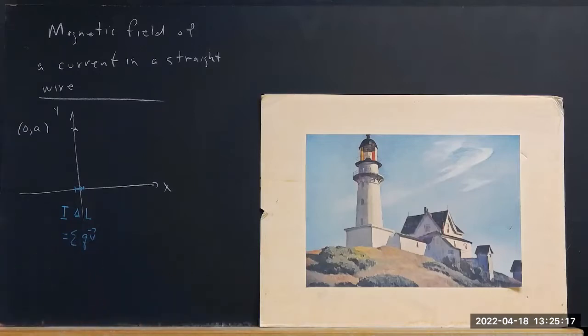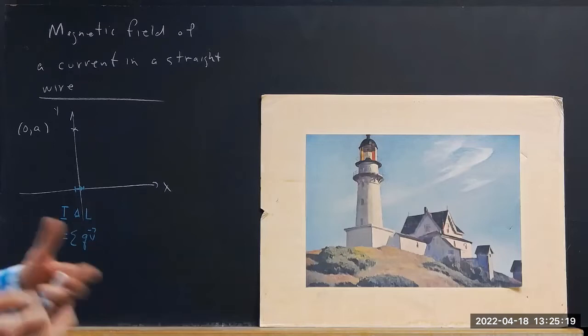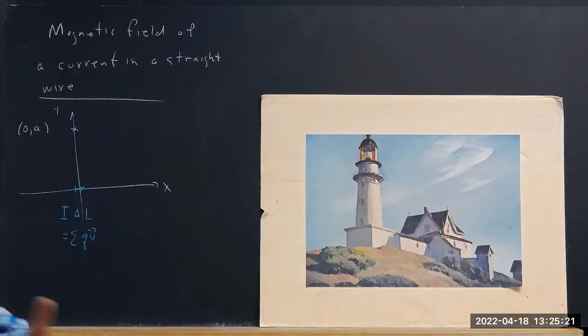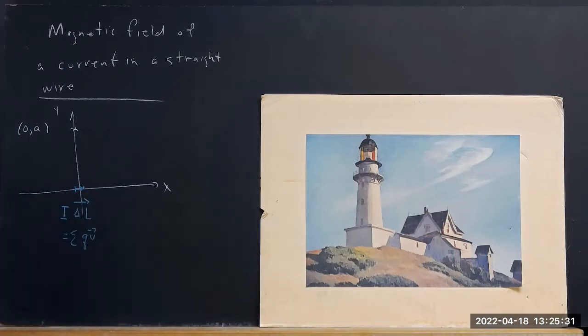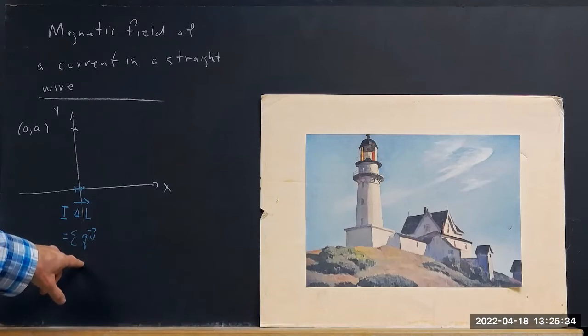In terms of the conduction model, which I hope you understand, that's what we get. So I'm going to call delta L a vector, multiply that by the current, and you get the sum of all your QVs.